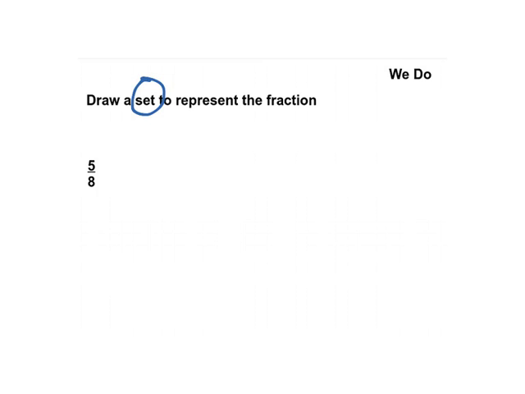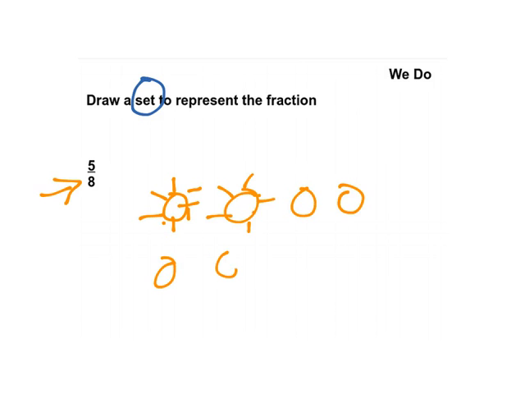Okay, now I want you to draw a set to represent the fraction. Now when we talk about a set, remember we talk about those little shapes. You can choose anything that you want. So let's say I am going to do suns. So how many suns do I need? I need 8. So 1, these are horrible suns, but that's okay, you get the drift. 2, 3, 4, 5, 6, 7, 8.